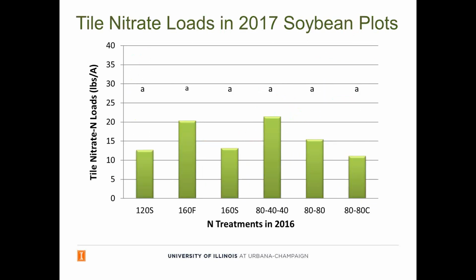So let me go back, and here's my wild speculation. Does the fact that there's higher nitrogen in that shallow groundwater left over from the fall N plots somehow help the soybean in a year that was a real challenge for the soybean crop? We had a dry grain fill. In fact, our seed size was about 25% less in 2017 than it was in 2016.